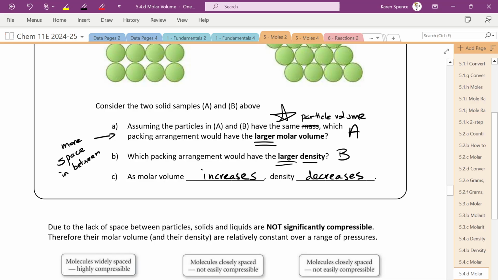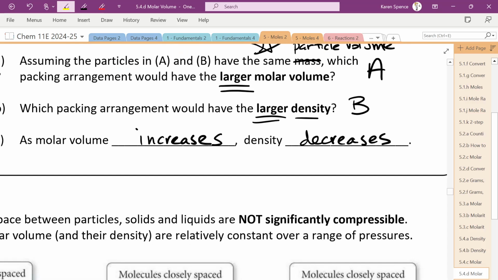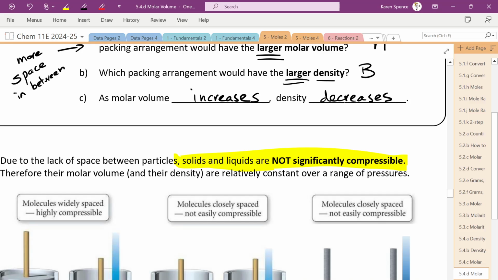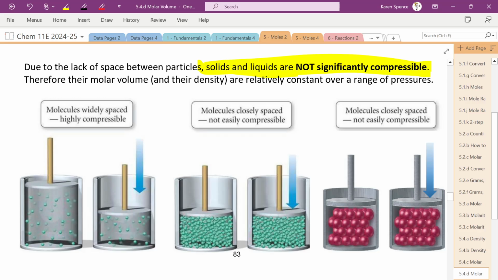Due to the lack of space between particles, solids and liquids are not significantly compressible. It's not like a gas where you can squish it. Because there's so much space in between, you can just squish it. So here is an example of a gas.